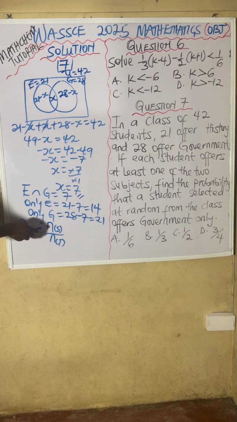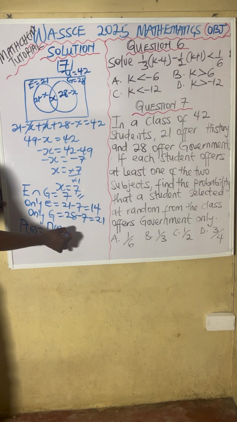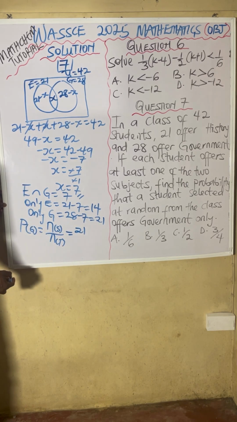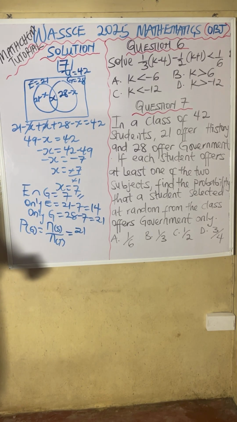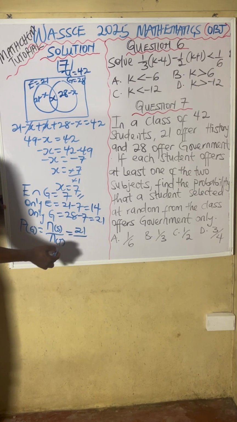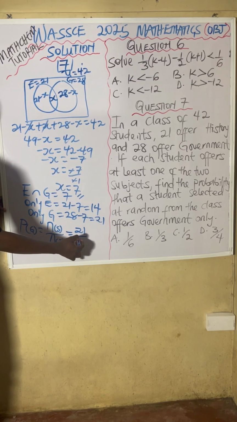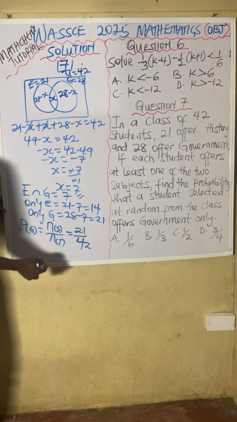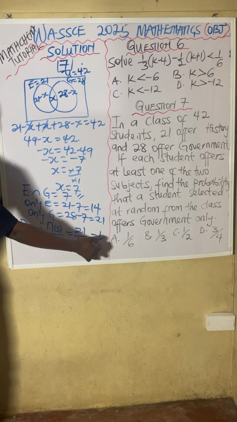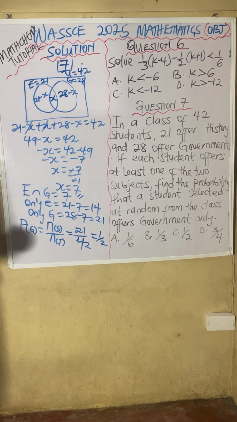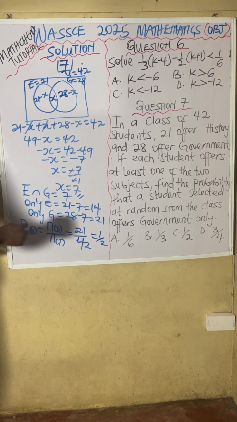I mean, the NS refers to favorable outcomes, while this NT refers to possible outcomes. So favorable outcome is 21 because 21 students are for the government only, all over the total number of possible outcomes, that is 42, the total number of students. So by the time I divide this fraction, that gives me 1 over 2. So the answer for this question number 7 is 1 over 2, and that is C.